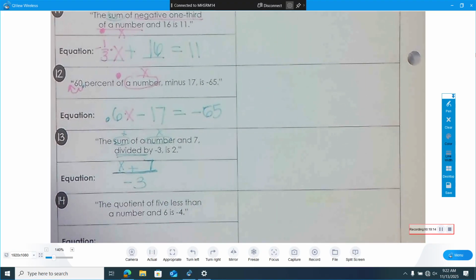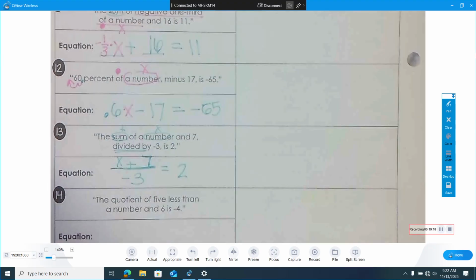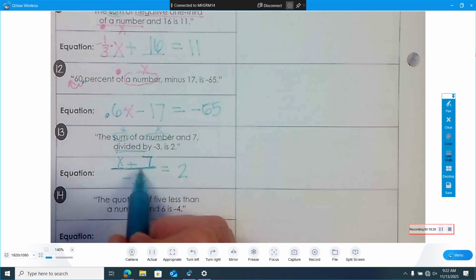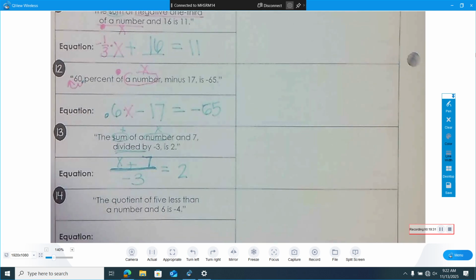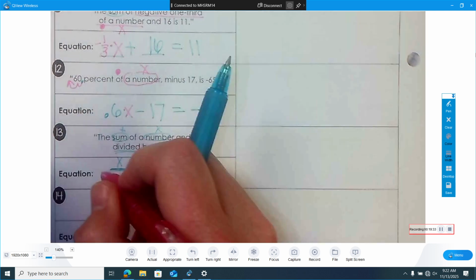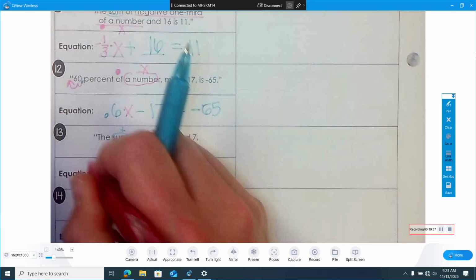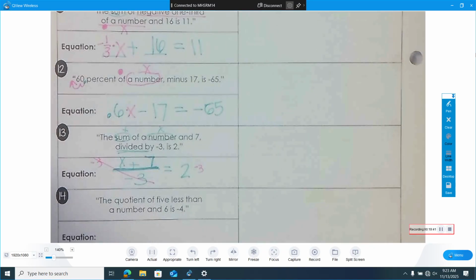So that whole thing gets divided by negative 3, and then it equals 2. Do you know how to solve this one? Yeah? What should you do first on this one? So this is all divided by 3. How do we get rid of all of it divided by 3? Times by negative 3. Yeah, that's the first step on that one. You could times by negative 3 on both sides to get rid of that negative 3.